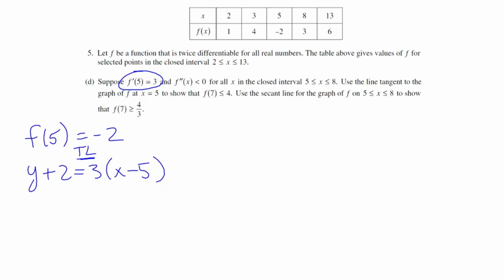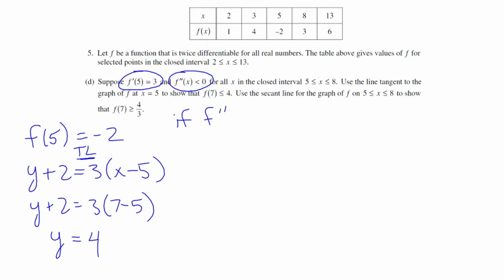And we're looking at f of 7, right? And so if we're talking about what do we get when we put in 7 here, right? Well, y plus 2 equals 3 times 7 minus 5, right? That gives us y is equal to 4, right? And so we know that if f double prime of x is less than 0, f is concave down.